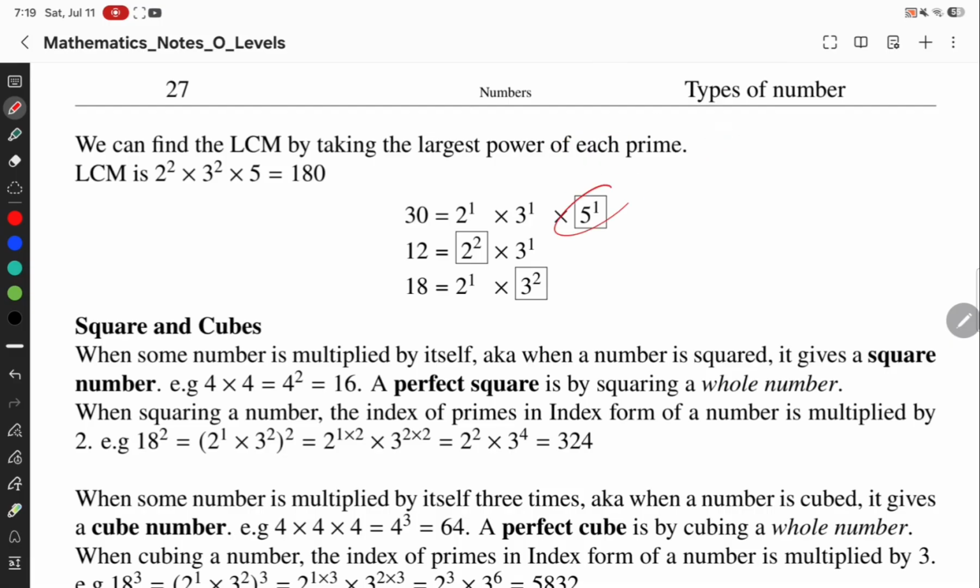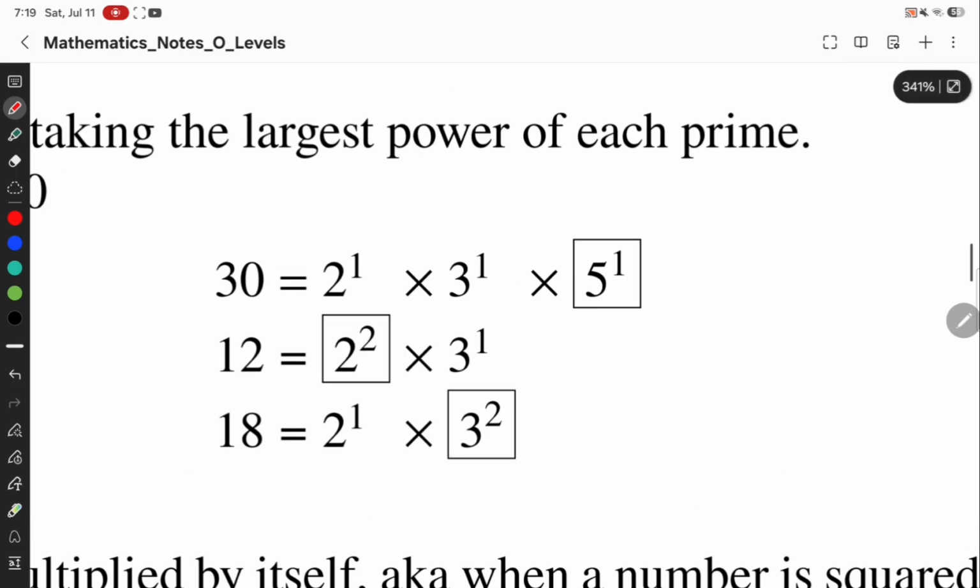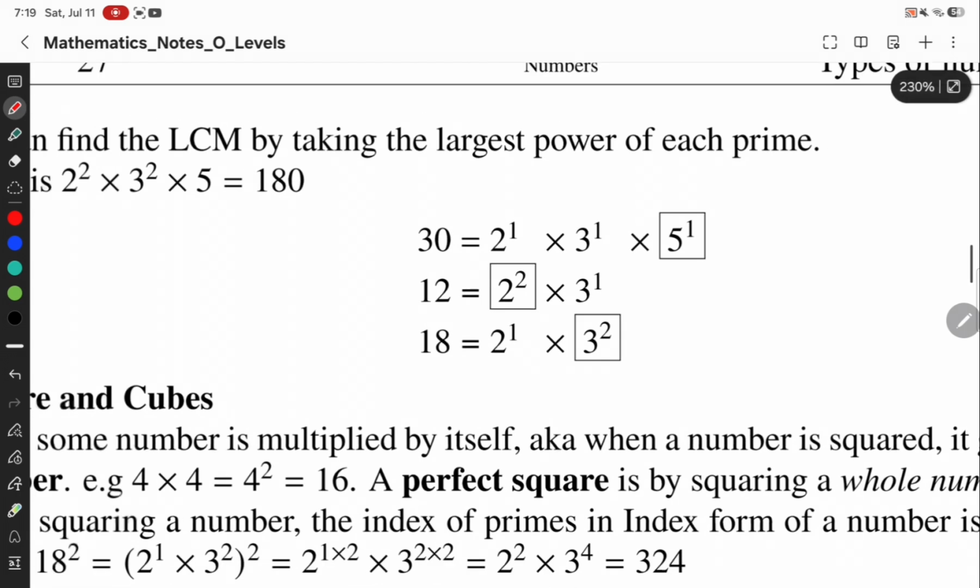You can see that we include everything. Okay, if the numbers do not share one of the factors, you still take the factor, because you can think of it as like 5 to 0, and 0 is less than 1, so you take the highest power.